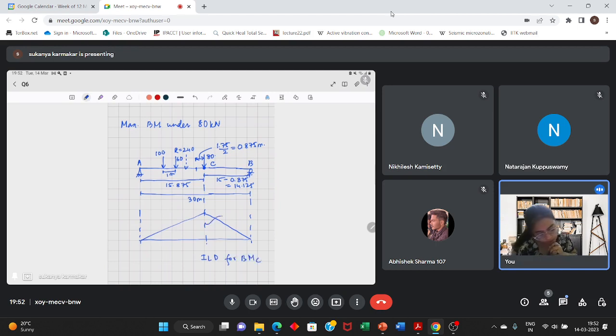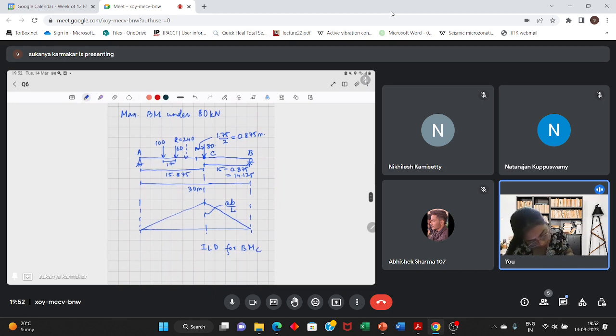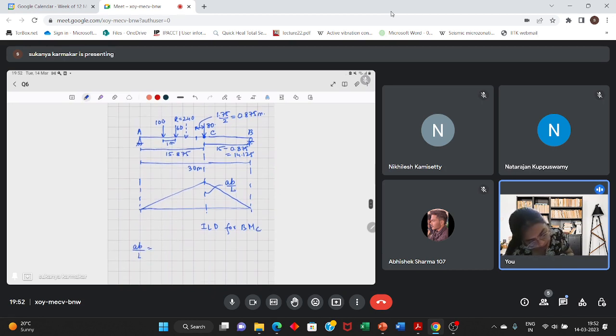And we know what this ordinate is. This is AB by L. So what is AB by L? A is 15.875, B is 14.125, and L is A plus B, which is 30 meters.